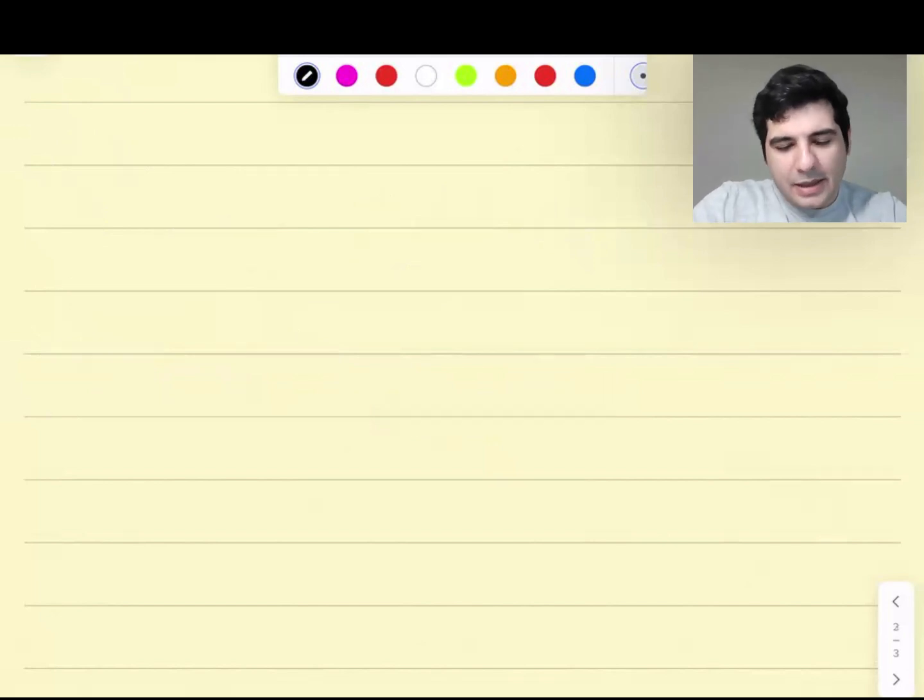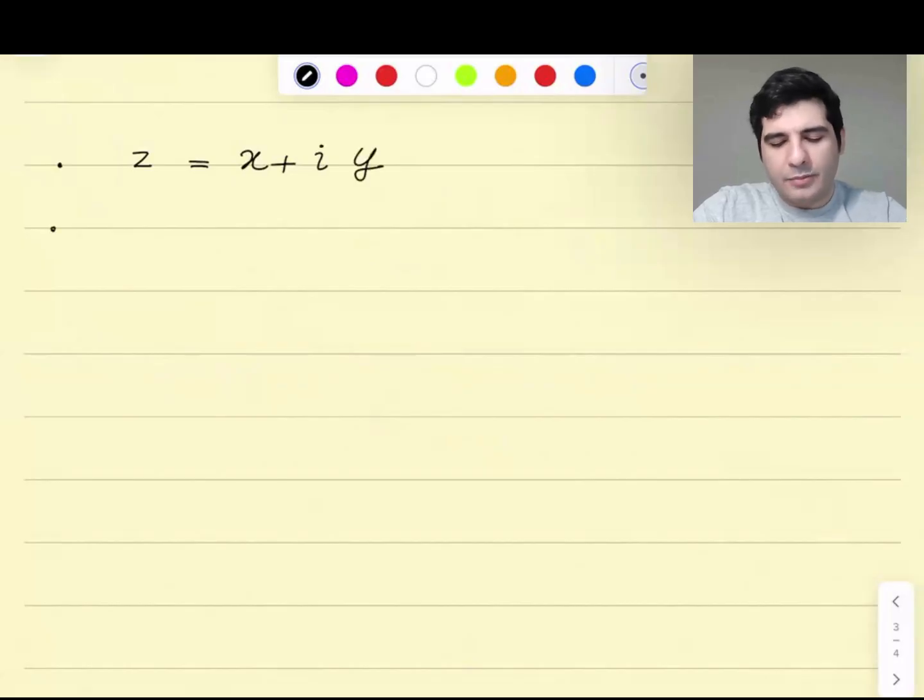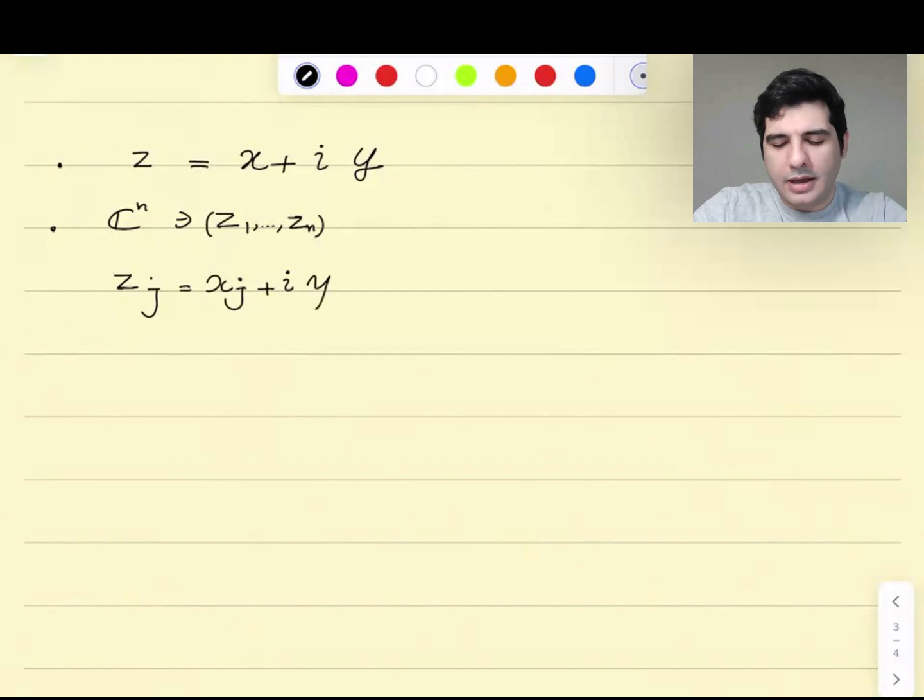Then we learned in the same way that for a complex number z, we can always write it as a real number x plus i y. Now that we have points of the form z1 up to zn as an element in Cn, each zj can be written as a real number, say xj, plus the imaginary number i times another real number yj.